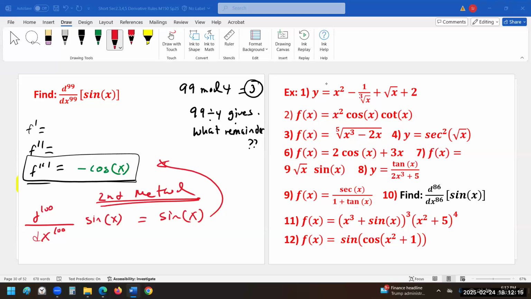Right? It's negative. The next one is y.